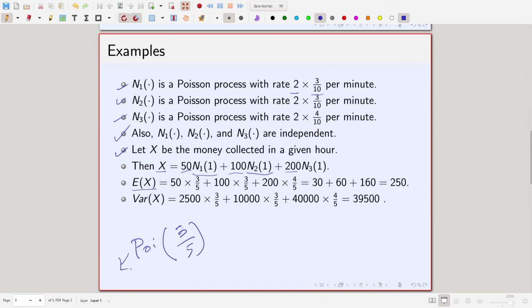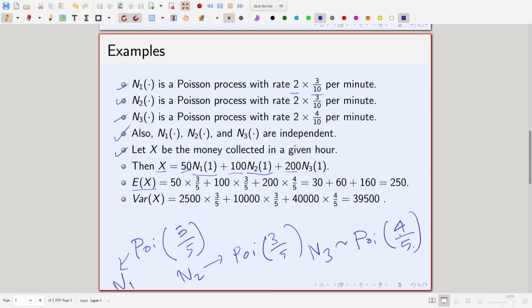So, that is N1. N2 is Poisson 3 by 5 again, and N3 is Poisson 4 by 5, right. These are the rates, and since the time is 1 hour, lambda times T is just lambda.